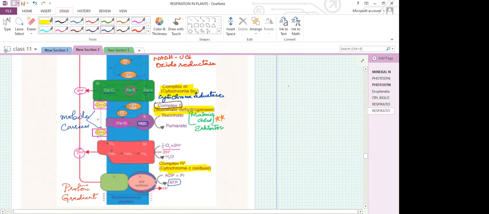B and C1 is non-heme, so here it is heme. C oxidase is copper based. You can write that down. That's again a NEET question. So cytochrome C oxidase is copper-based.